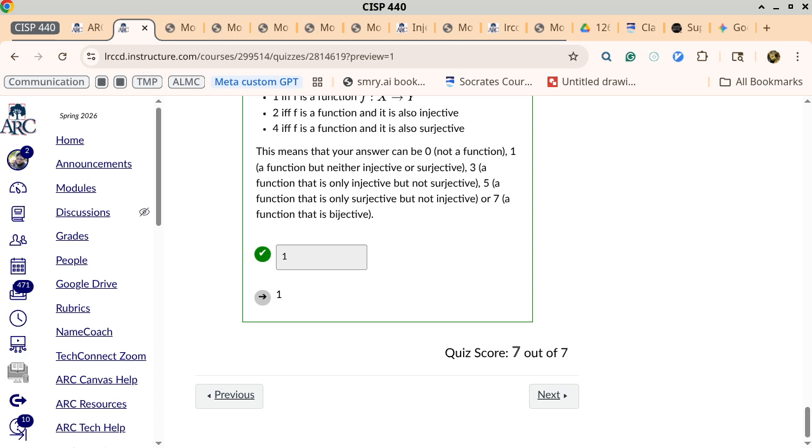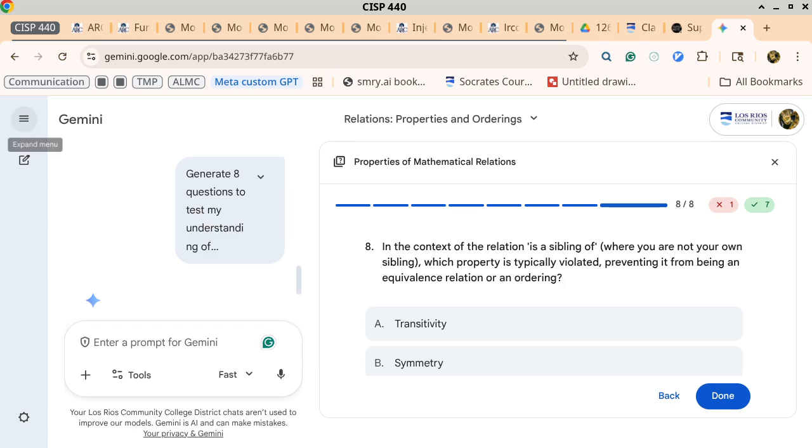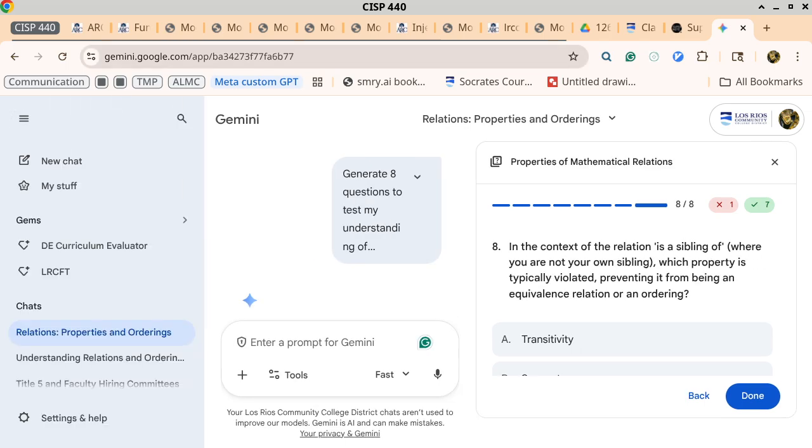And did I talk about how to create your own Gemini Gem, which is also known as a custom GPT in this class? We'll do a quick run over that. The way you do it is you sign into your Gemini account first, and we all have Gemini accounts. Once you sign in with your W7 digit at apps.losrios.edu, you can go to gemini.google.com.